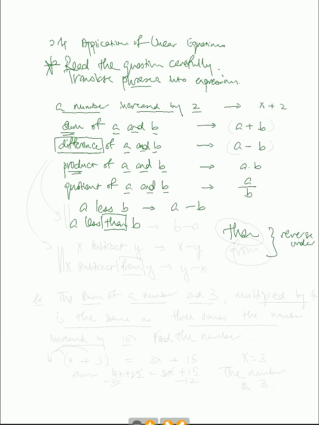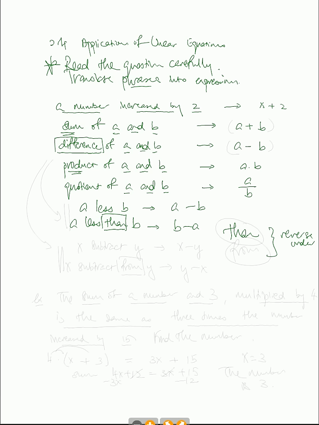Meaning, instead of A minus B, it's now B minus A. So whenever you see less, you think of subtraction. But when you see the word than, it means the A has to go to the back and the B has to go to the front. Okay, so the order is being reversed.